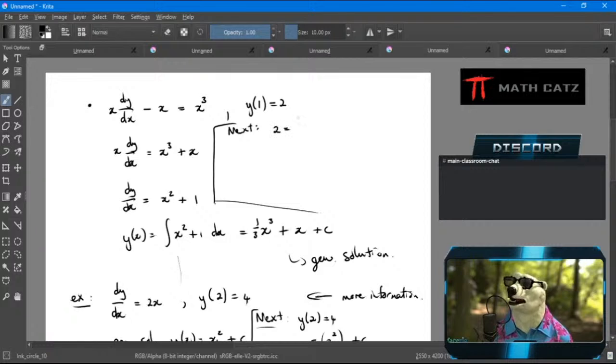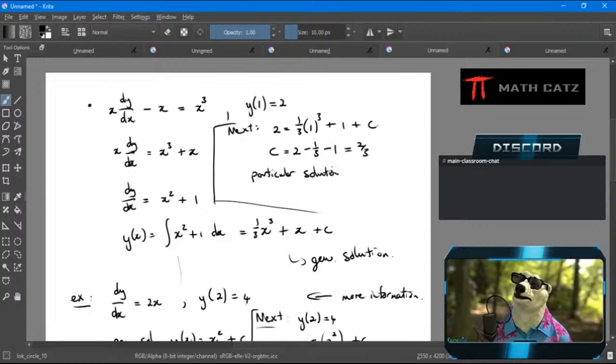So 2 for y, 1/3, 1 for x, so 1 cubed here, plus a 1 plus a c. So that means c is equal to 2 minus a third minus 1. So that'll be 2/3. So my particular solution is y equals 1/3 x cubed plus x plus 2/3.